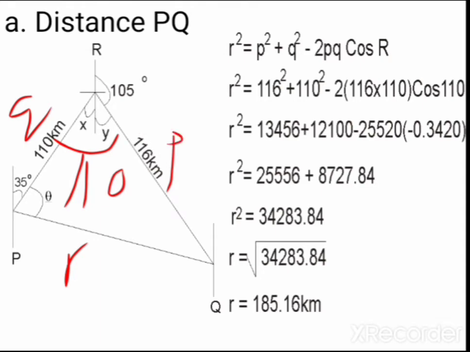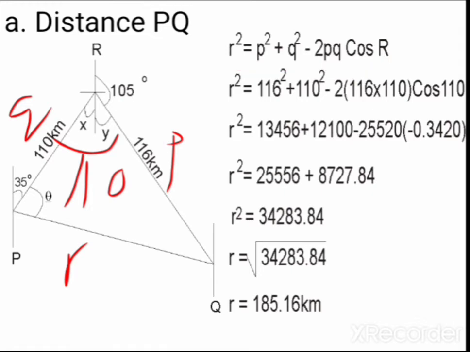So what we simply do is we input all the figures into the formula. The cosine rule, we are looking for r. So r squared is equal to p squared plus q squared minus 2pq cos R. That's the cosine rule formula.